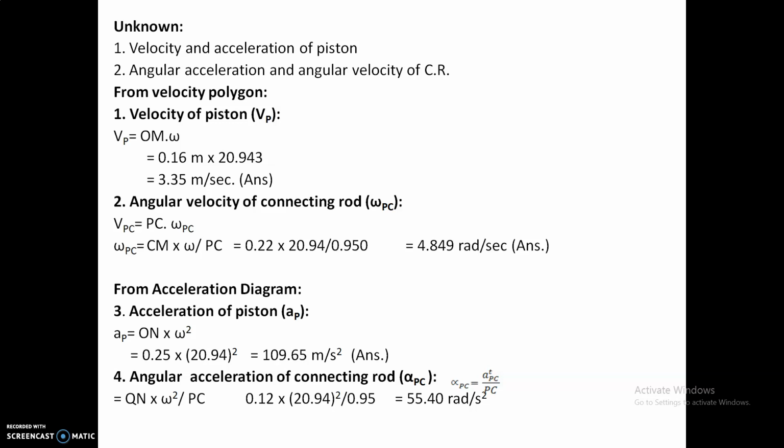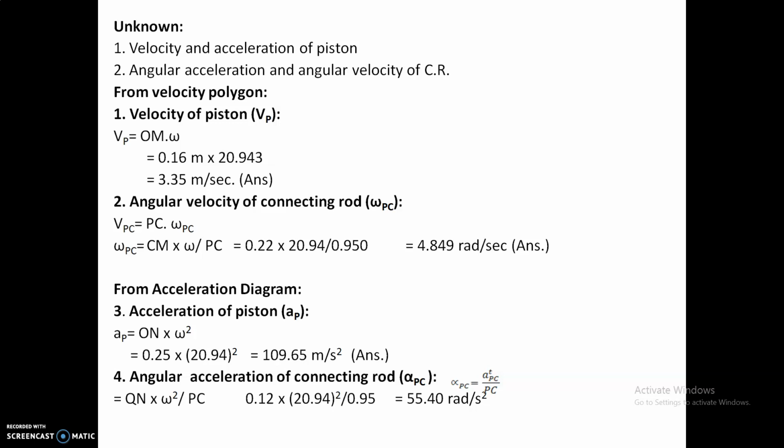And the fourth unknown is the angular acceleration of the connecting rod, that is alpha of PC. Again we have the formula: alpha of PC is equal to the tangential component of PC divided by length of PC. Another formula by Klein's construction is that the tangential component of PC is equal to QN multiplied by omega square.